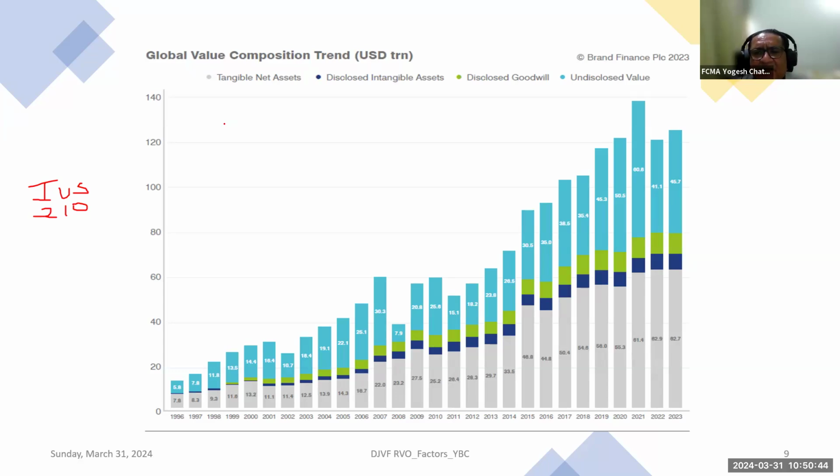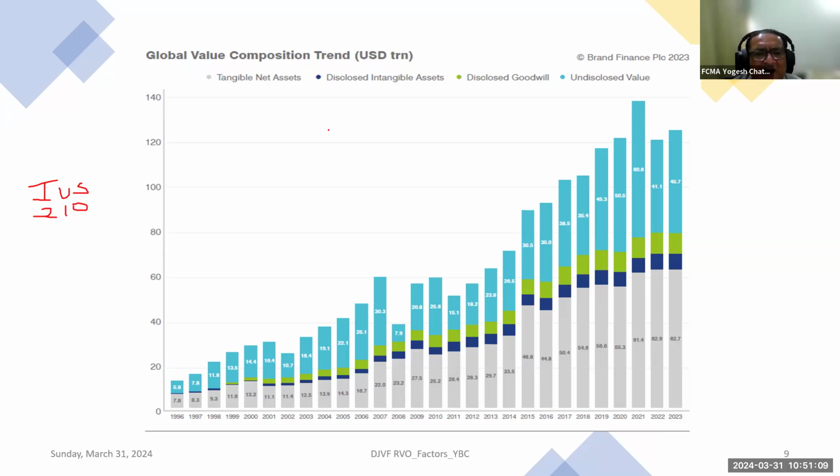So you will get an idea how critical the valuation of intangible asset is. As you all are aware, in the current era, companies are becoming asset-lean, and mainly they derive value out of the intangible value.